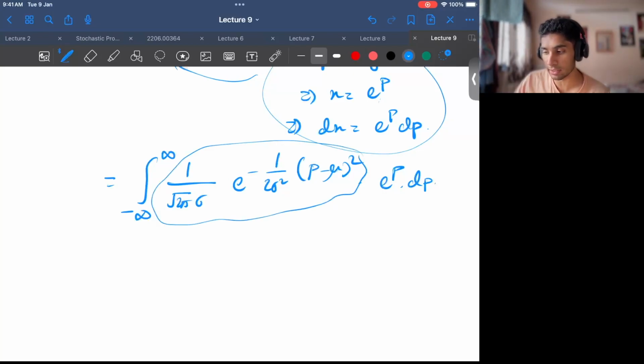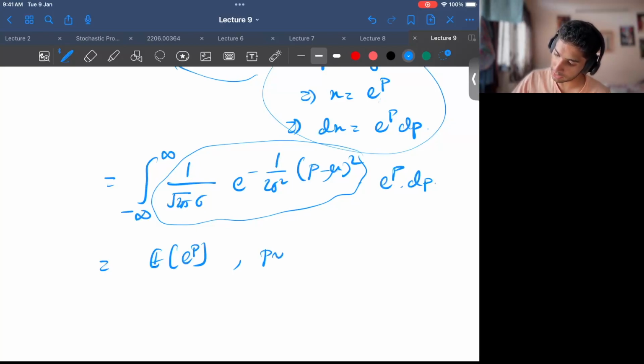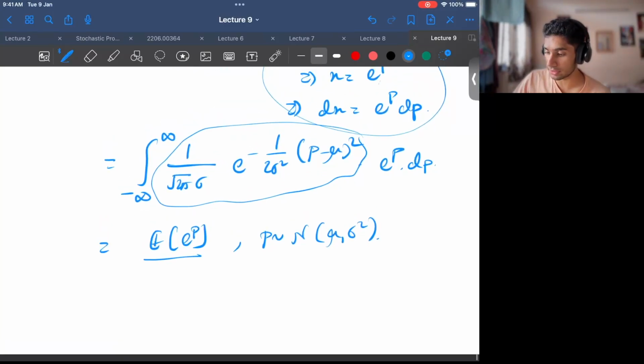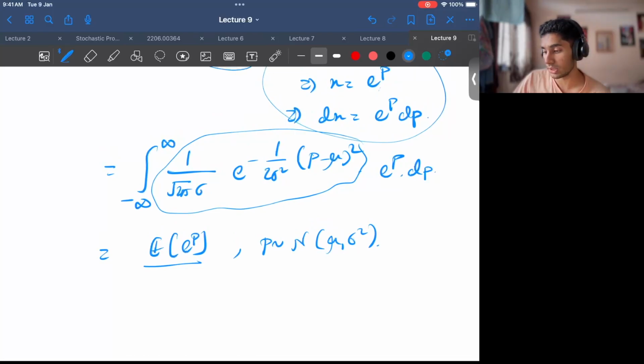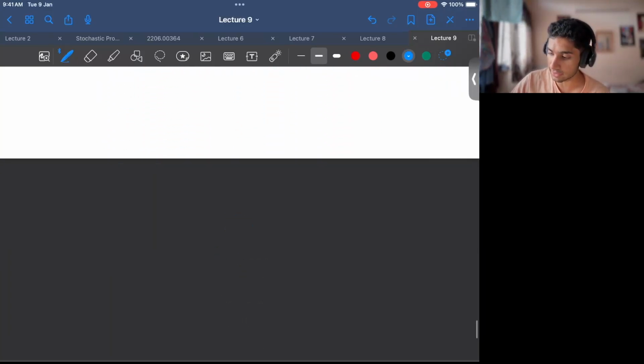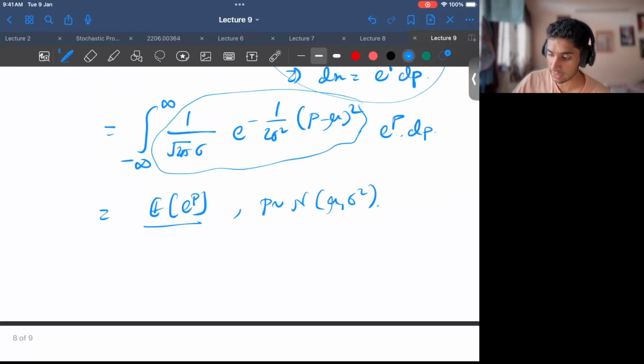So this is actually the expected value of e raised to t, where t is sampled from normal mu comma sigma square. And we know what this thing is, because this is nothing but your characteristic function.